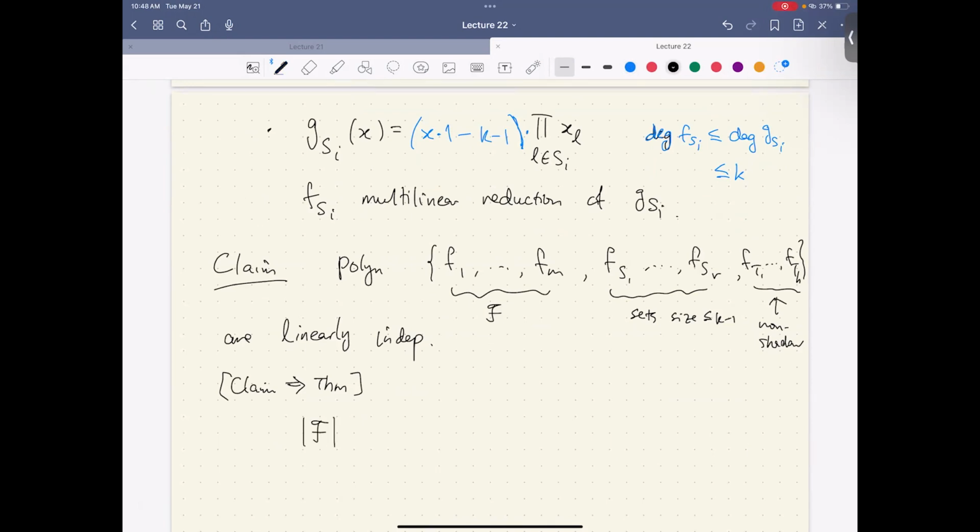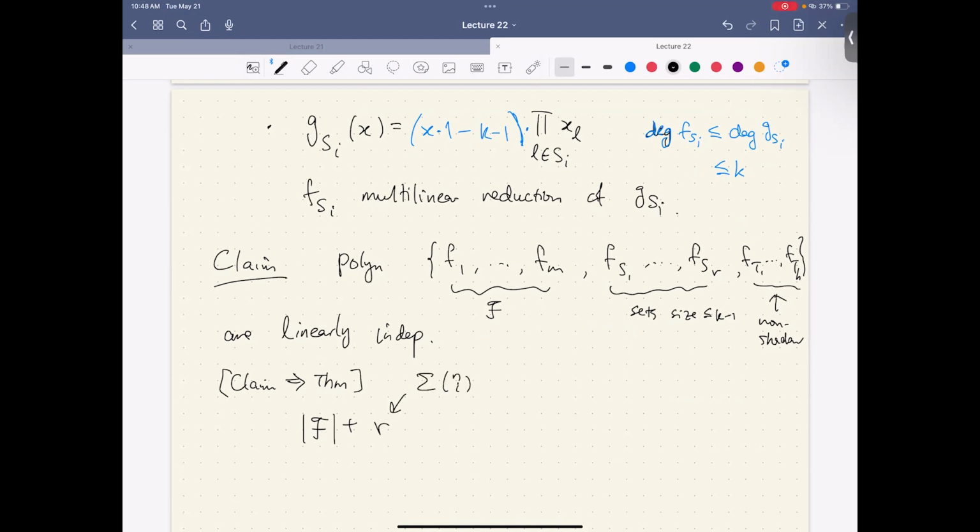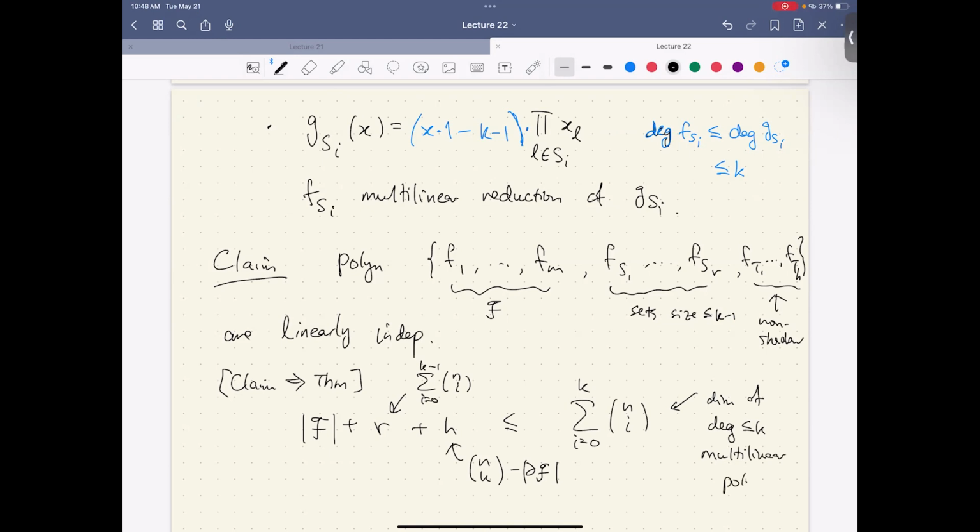That means m plus R, which is the sum of n choose i, i goes from 0 to k minus 1, plus H, where H is the non-shadow, is n choose k minus the shadow, is at most the dimension of multilinear functions, m-variate multilinear polynomials.